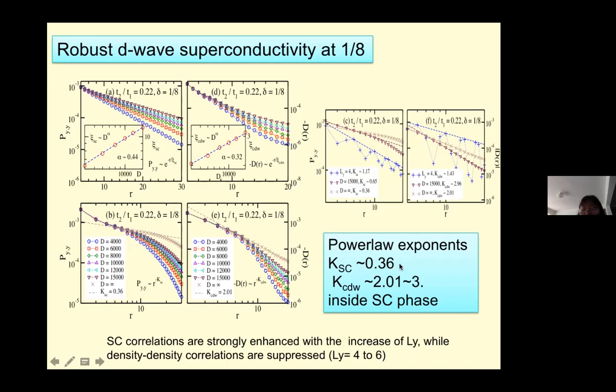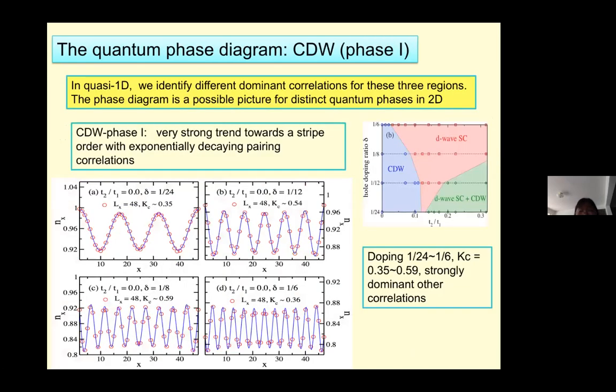I think for some data it goes to 0.5. Then the CDW exponent is always much larger. So I hope that gives us some confidence about the superconducting phase.